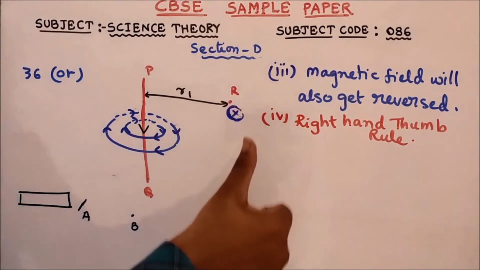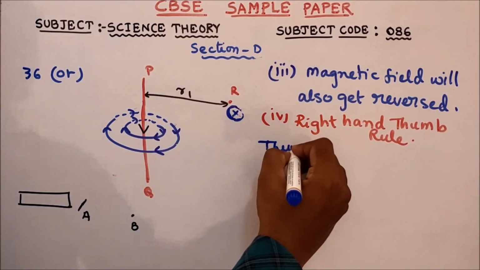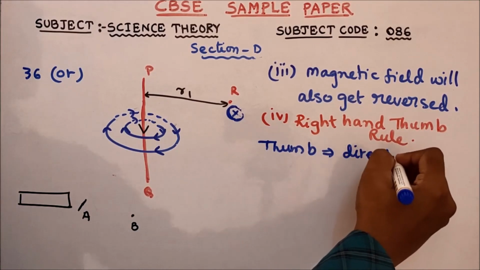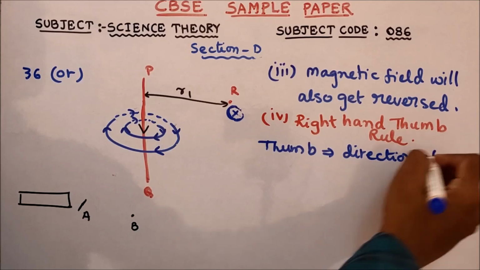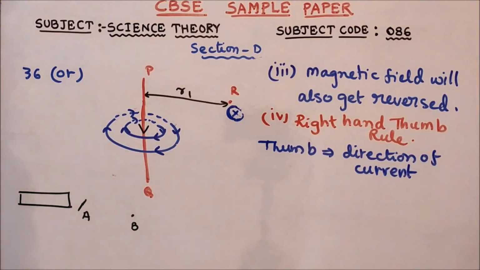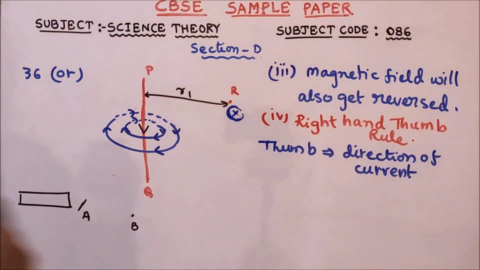Please write it in words: if the thumb represents the direction of current passing through a straight current carrying conductor, then the circled fingers will give the direction of magnetic field lines.